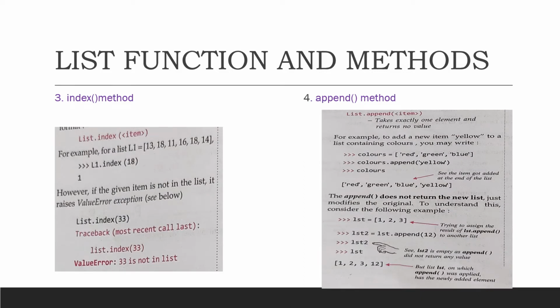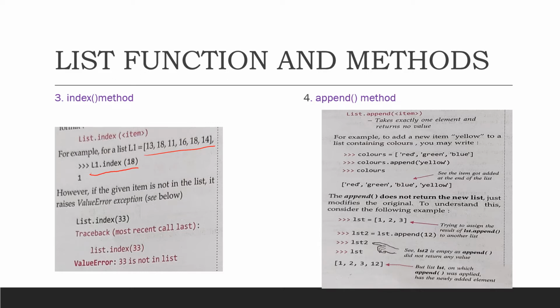Next one is the index method. So the index method is nothing but, suppose there is some list given over here as you see here, that is 13, 18, 11, 16, 18 and 14. So over here this example says L1 dot index 18. So it's asking the index number of 18.